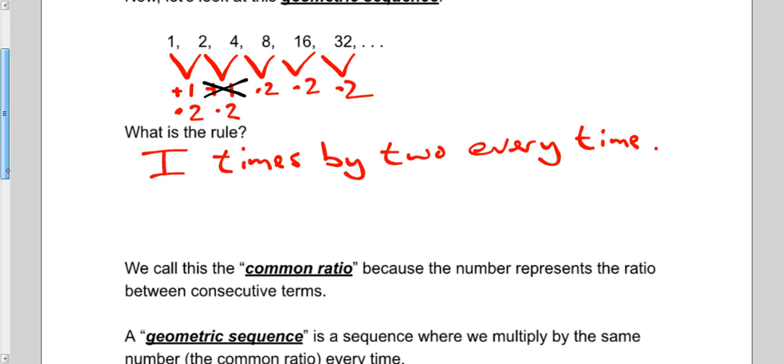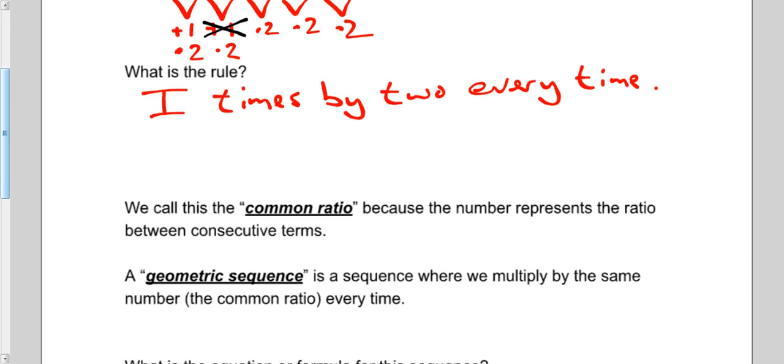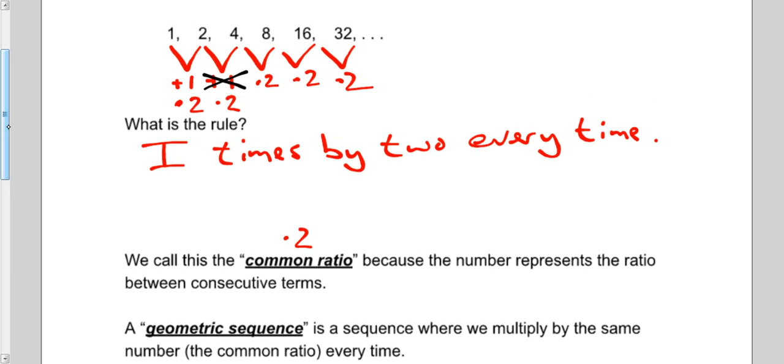Okay, now we call this timesing 2, we call that the common ratio because the number represents the ratio between consecutive terms. What do I mean by the ratio? Well, if I look at these two terms, I take 2 and divide it by 1, and I get 2, right?